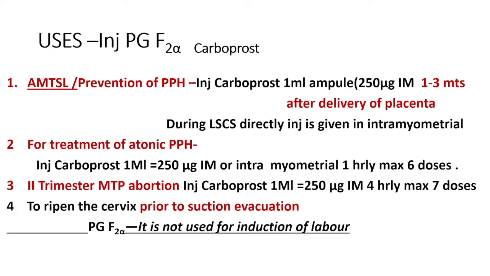What are the uses of this prostaglandin F2 alpha or injection carboprost? It is used as active management of third stage of labor for prevention of PPH. 1 ml is given, means 250 microgram intramuscular within 1 to 3 minutes after delivery of the placenta.